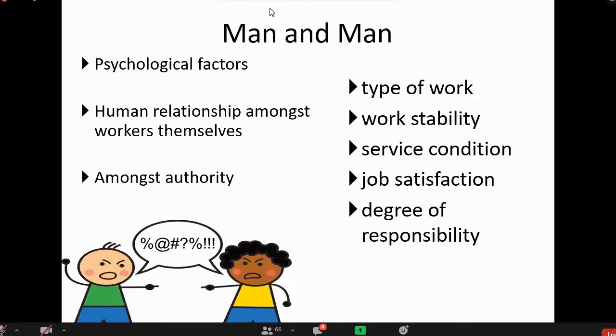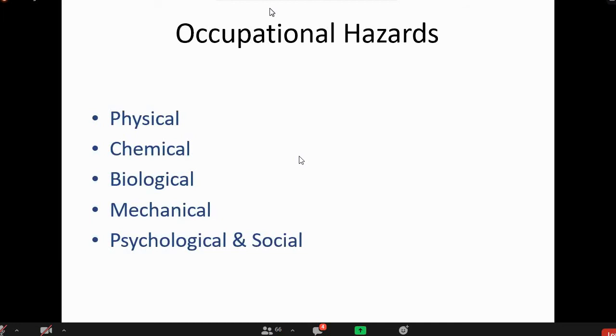So it is very important that you have a good man-to-man relationship, and you know the overall relationship amongst your peers.